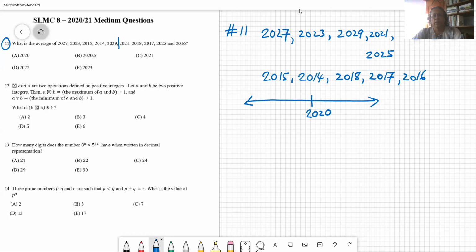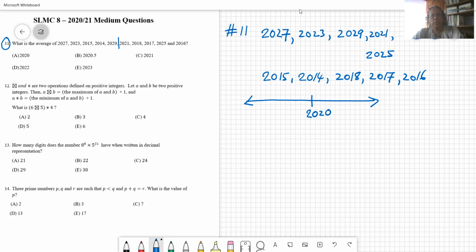So now what if we look at the differences of these numbers from 2020, those differences, the deviations?